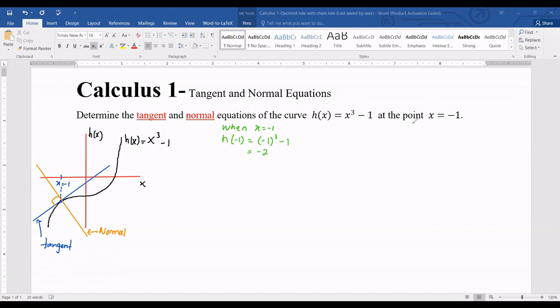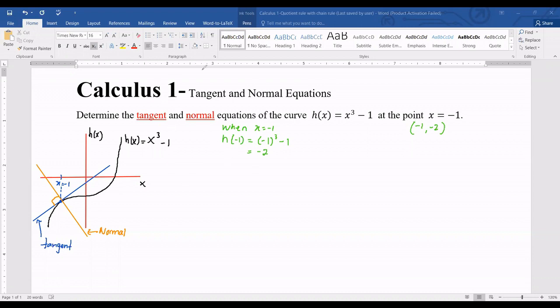Now we know the coordinates when x is minus 1, the y will be minus 2. This is the coordinate that the tangent and normal equation pass through.